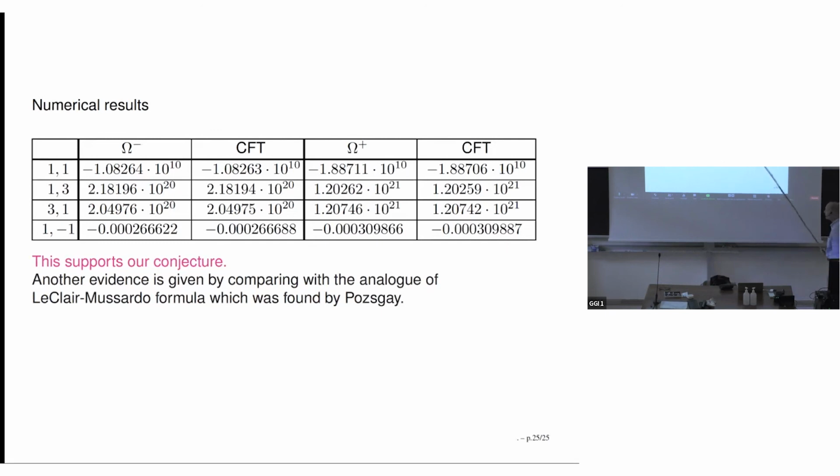I am a little bit lost with Hungarian names, it's not obvious for me. But anyway, we compared with this, of course, and everything fits. So that's why we are sure that we found the correct formula for the diagonal matrix elements.